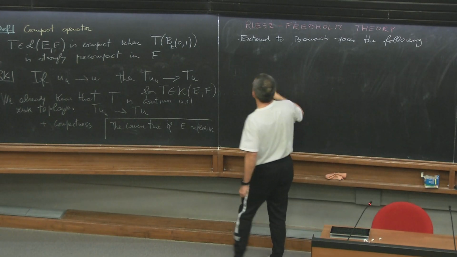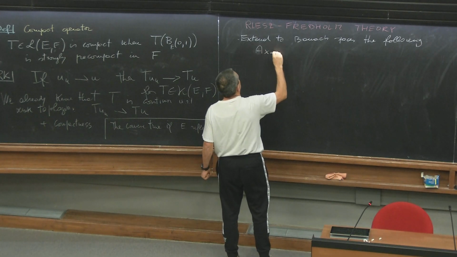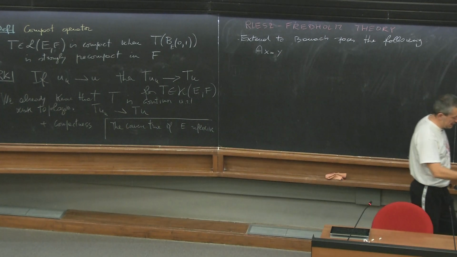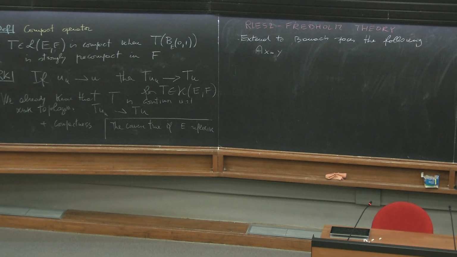So if you want to solve Ax equal to y, where A is, let's say, a square matrix.